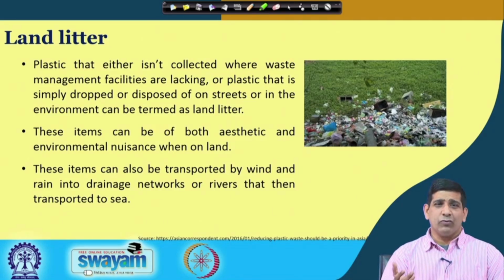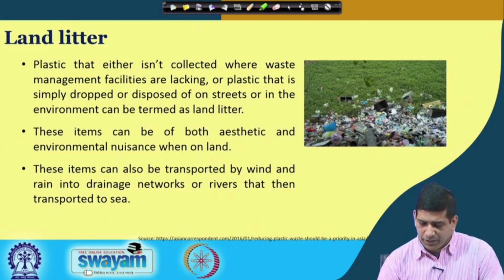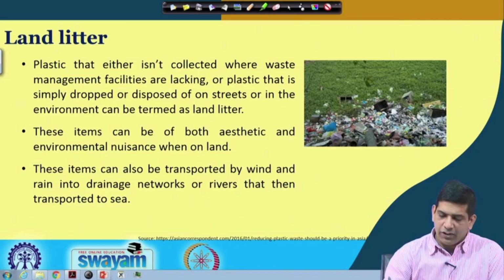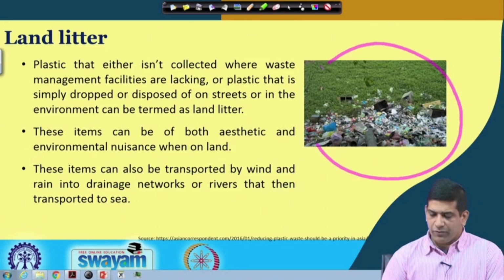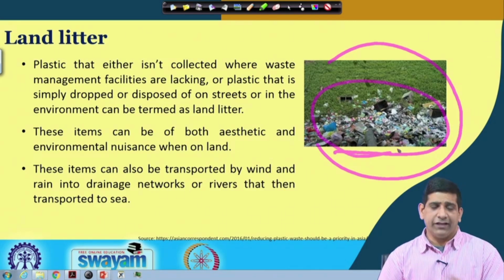A lot of packaging, mostly chips and other packaging, gutkas and all those kinds of things, that you see. That is litter. Litter means waste that is not being managed properly, and that's what you see in this picture, where waste is just thrown on the side of the road. There is such beautiful greenery in the back, but you see lots of waste on the side of the road. That's the littering we are talking about.